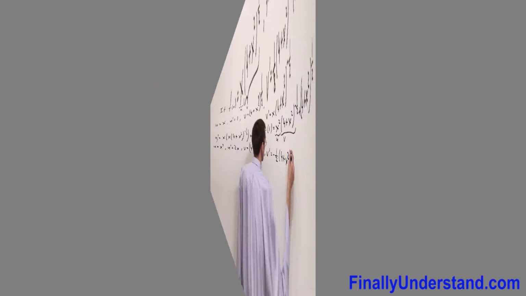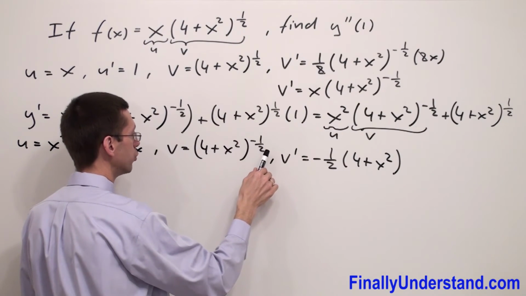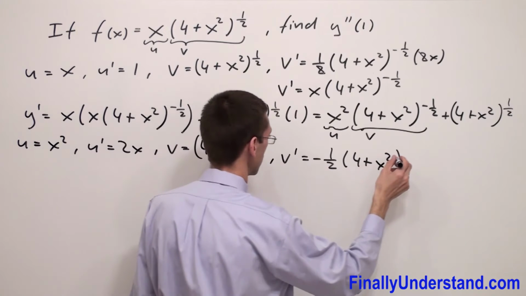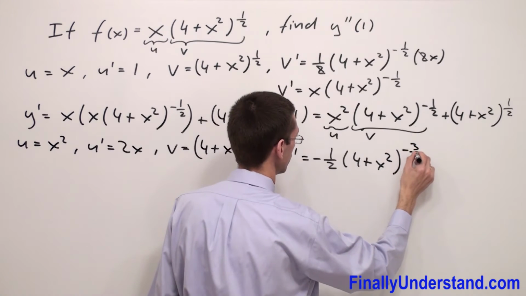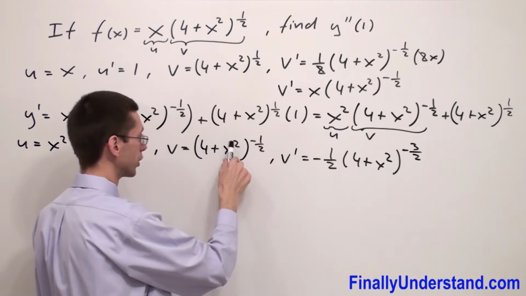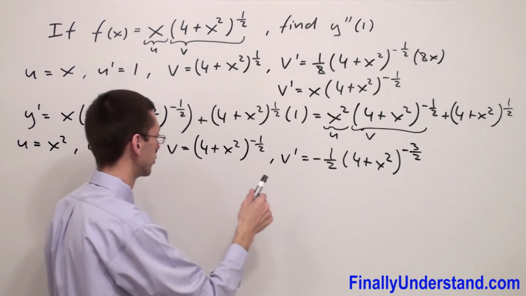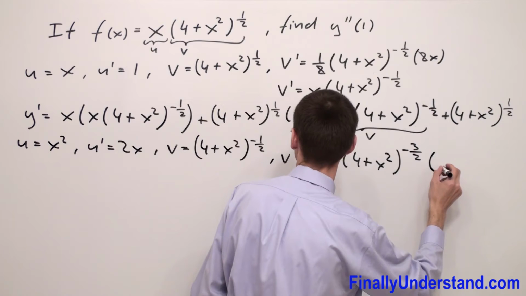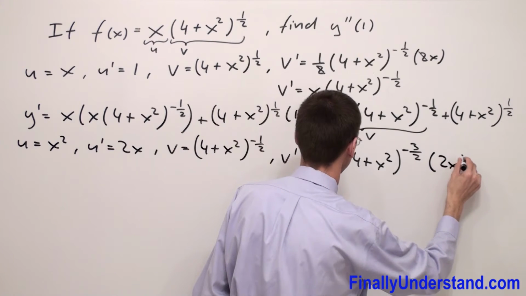to the power negative 1/2 minus 1, which is equal to negative 3/2. Okay, and the derivative of the content of the parentheses, we have to multiply by the derivative of u, which is 2x.